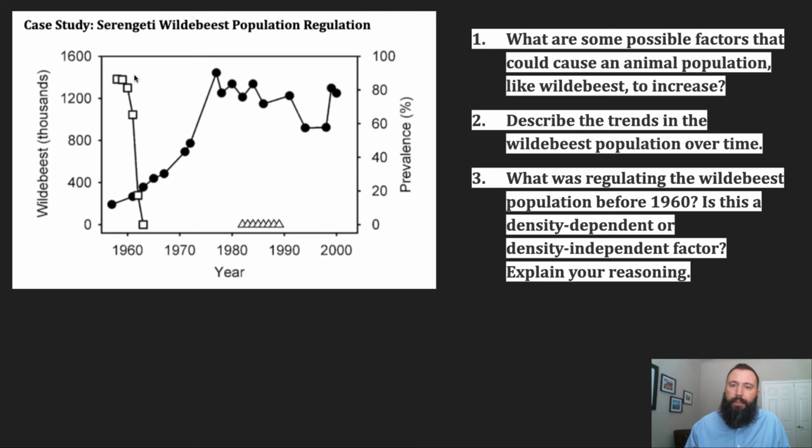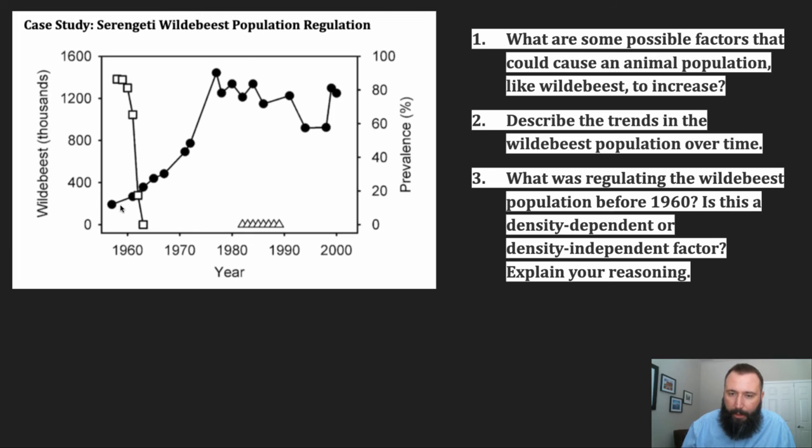About 90%, almost 90% of the wildebeest have rinderpest. Now, in the 1950s into the early 60s, there was an inoculation, a vaccination process that happened, so that the prevalence of rinderpest decreased pretty substantially over a pretty short amount of time.